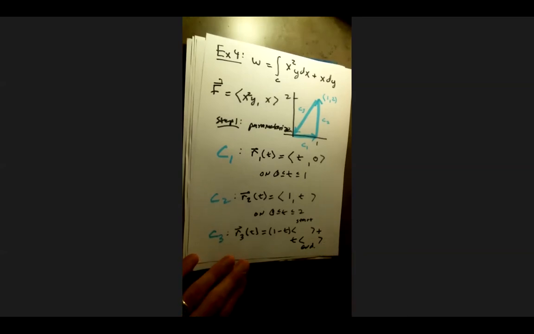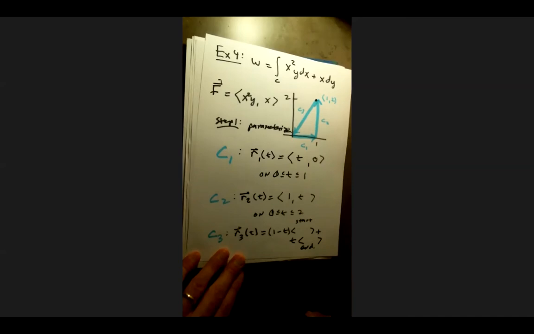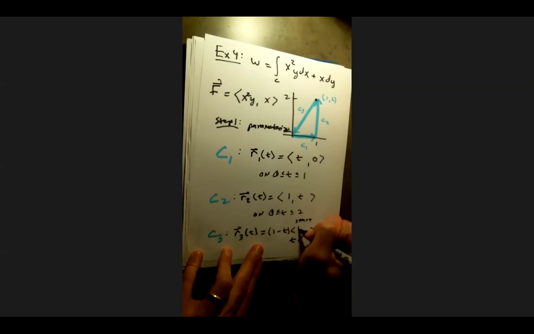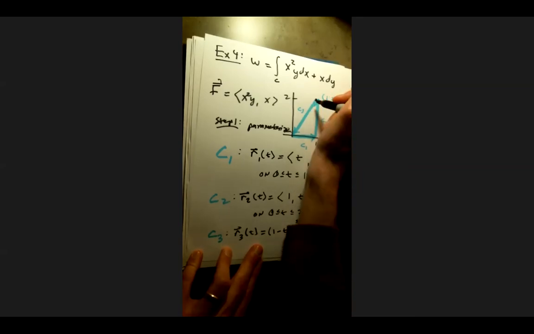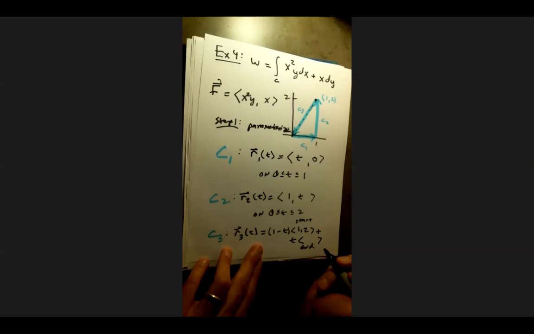So where is my line beginning? What are the coordinates of the starting point? 1, 2. And my line's coming through and it's ending at 0, 0.